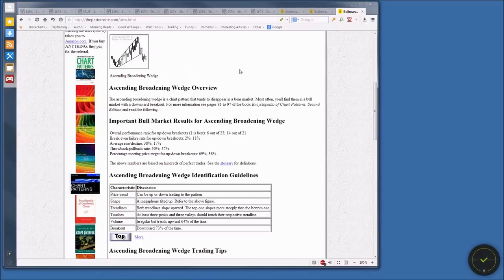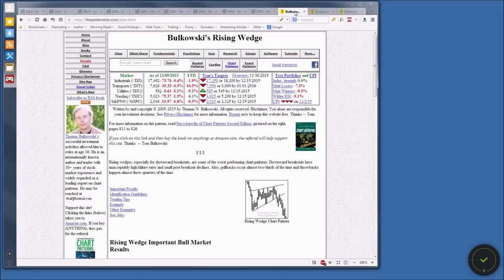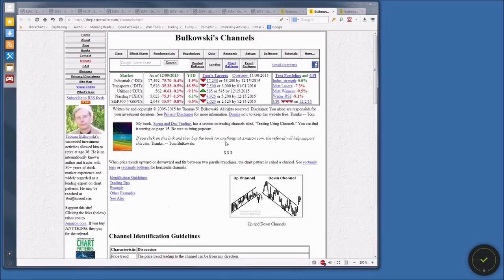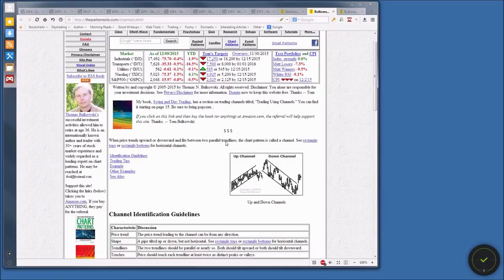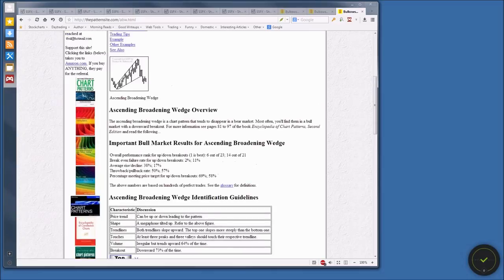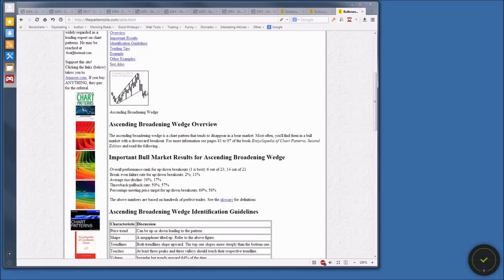Basically, I'm talking about the 3 types of trending patterns: the wedge, which is basically a contracting channel; the channel, which is just 2 parallel lines; and a megaphone, although it's called an ascending broadening wedge here, and that is an expanding channel. And these are the 3 types of trending patterns.